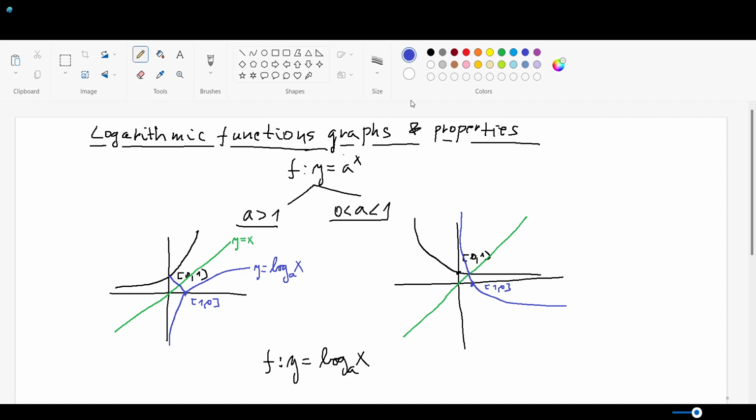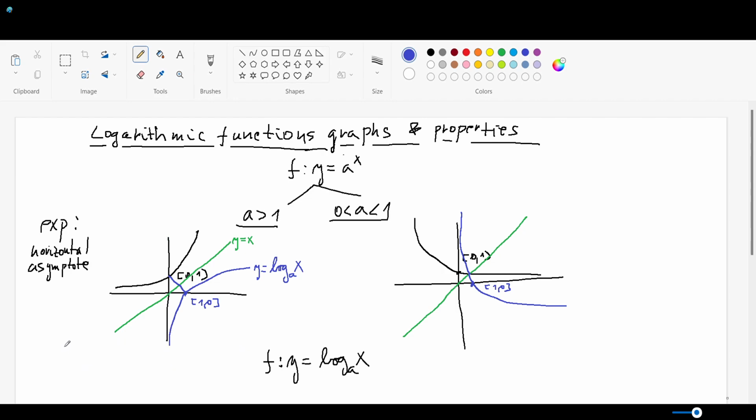What is important to note is that for the exponential function we have a horizontal asymptote, and for the logarithmic function this horizontal asymptote was flipped over the line y equals x, and it became now the y-axis.